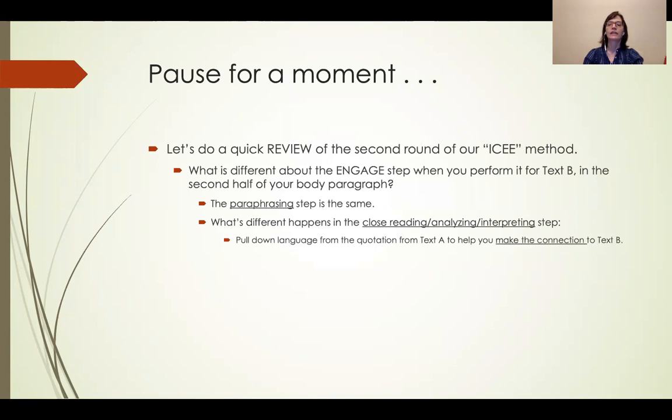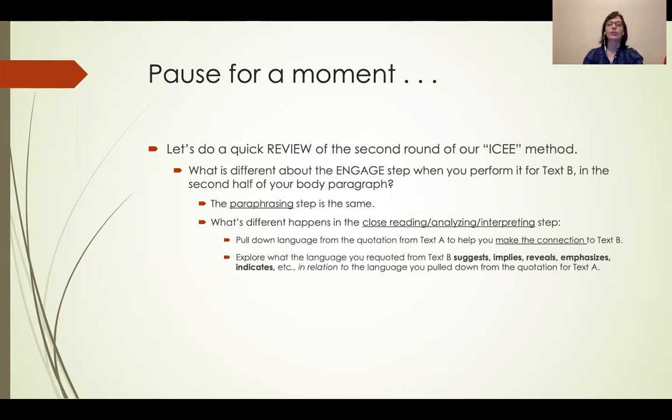And so what's different here is we're pulling down language from the quotation from text A to help us make the connection to text B. And we're exploring what the language that we re-quoted from text B suggests, implies, reveals, close reading verbs in relation to the language that we pulled down for text A.